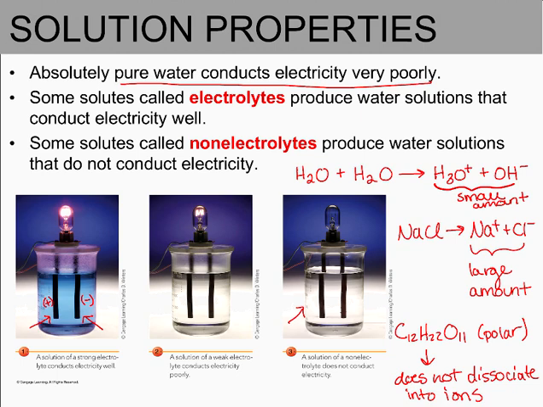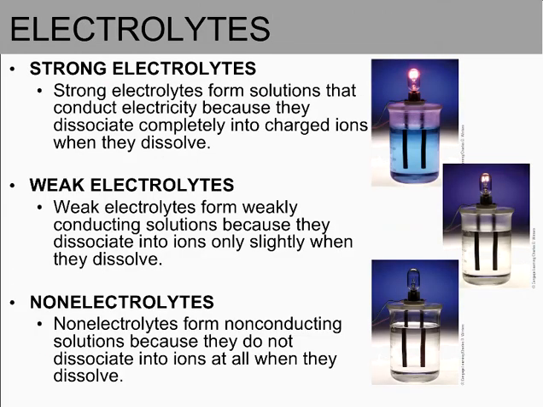Now in the middle here, we have a weak electrolyte. So some electrolytes can generate a current, but they might not generate a very strong current. So there are a wide range of electrolytes that exist. Okay, so just to summarize again, strong electrolytes form solutions that conduct electricity because they dissociate completely into charged ions when they dissolve.